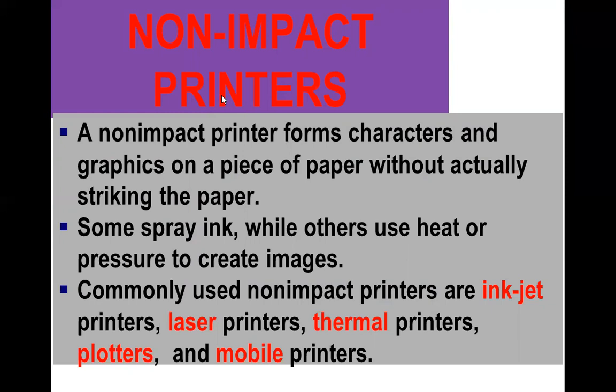For example, these usual printers we are using, they don't strike on the paper when they are forming characters. So they form characters and graphics on a piece of paper without actually striking on the paper. So some spray ink, while others use heat or pressure to create images.